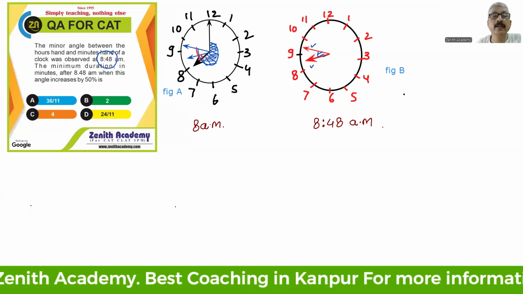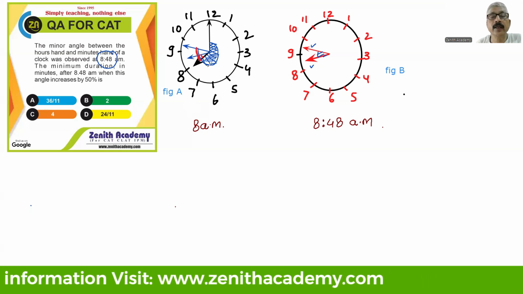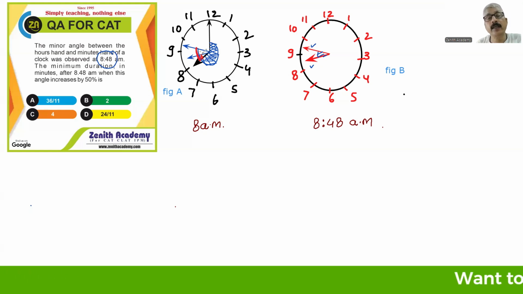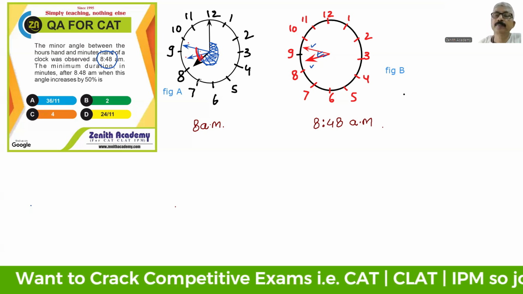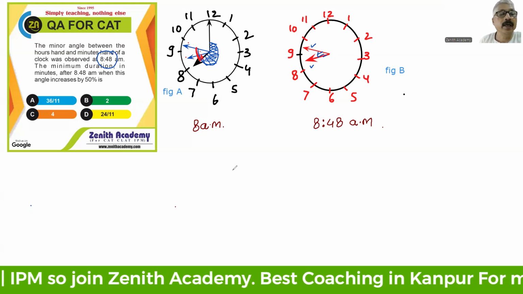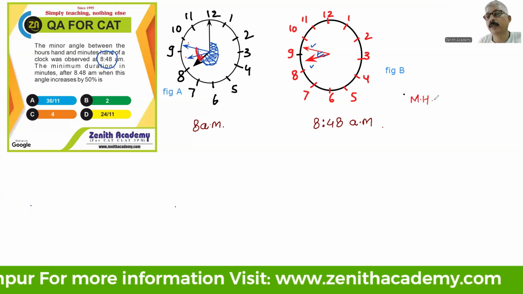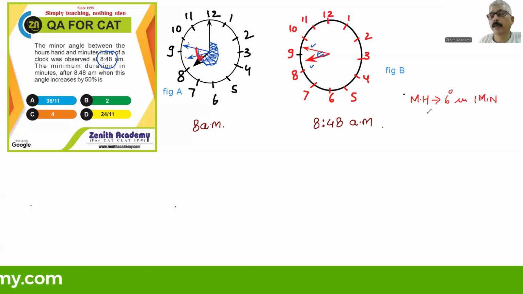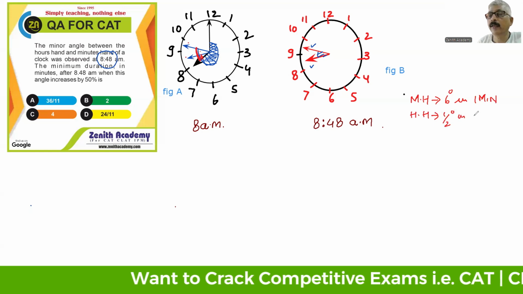So from figure 8, if you know this angle, and from figure 8, if you know this angle, then this minus this will be the angle between minute hand and hour hand when the time is 8:48 a.m. So look here, one conceptual understanding is required in advance: the minute hand moves 6 degrees in 1 minute, while the hour hand moves only half a degree in 1 minute.